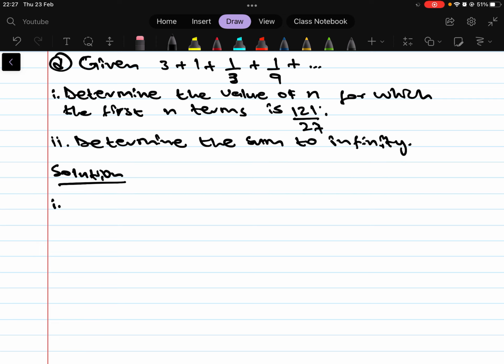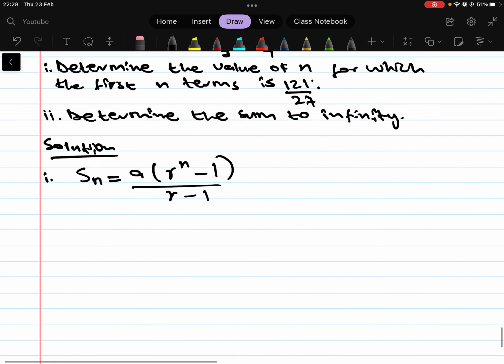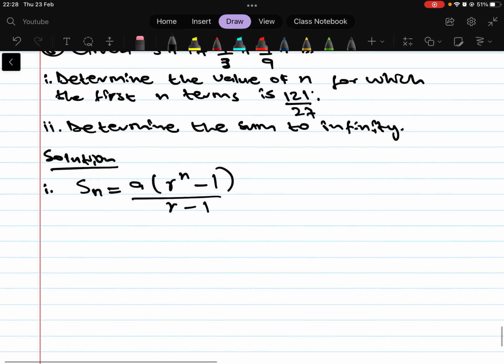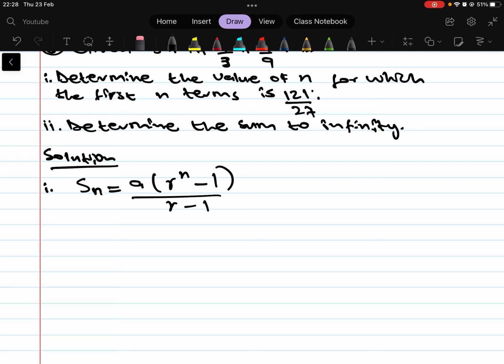So okay, let's determine the value of n for which the sum of the first n terms is 121 over 27. So we'll use the sum to n formula, which is like this: a times r exponent n minus 1 over r minus 1. They told us that the sum of the first n terms, so that is basically Sn, is 121 over 27.